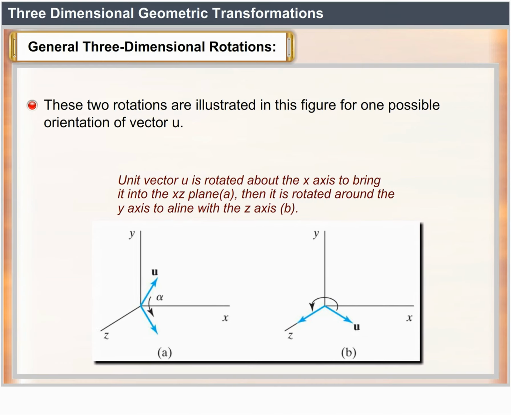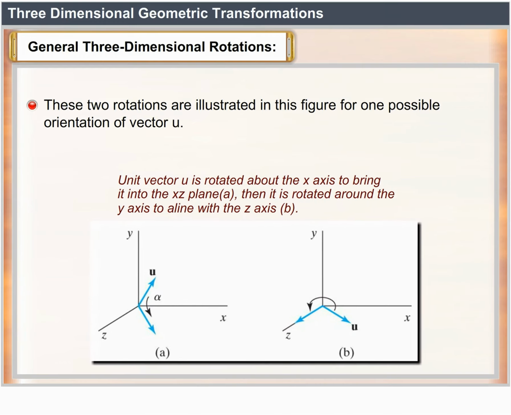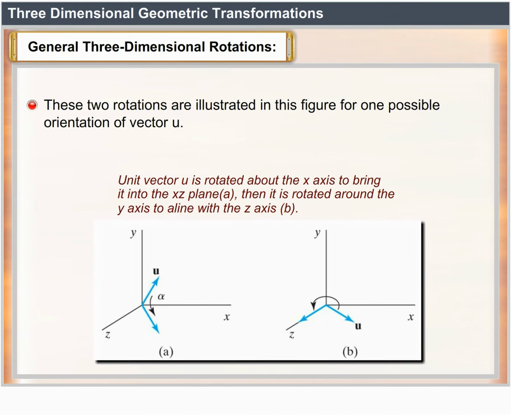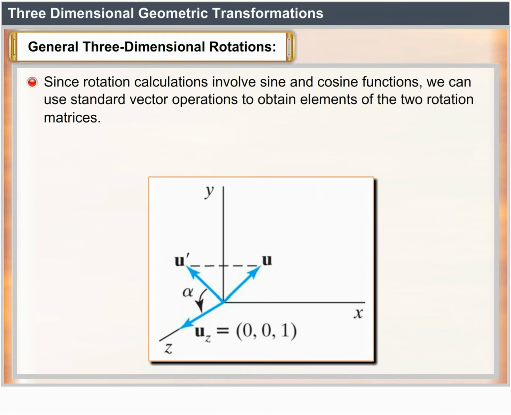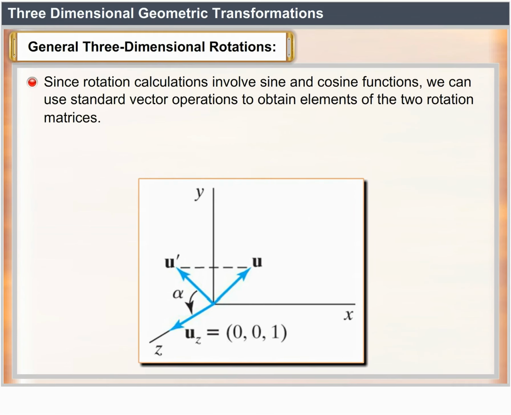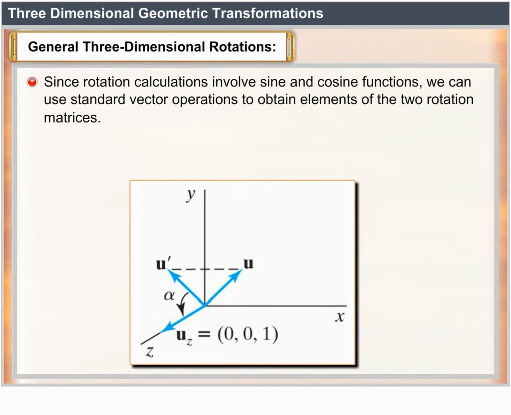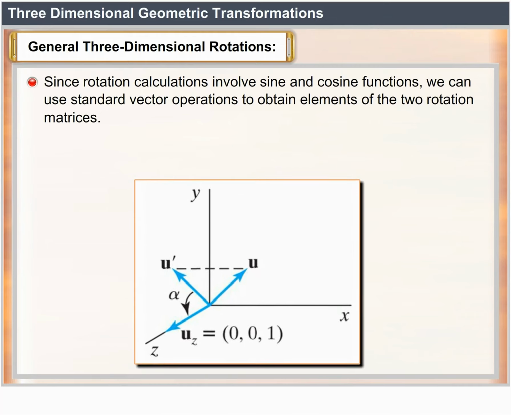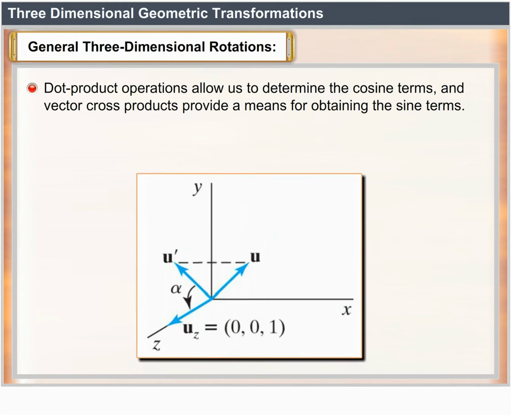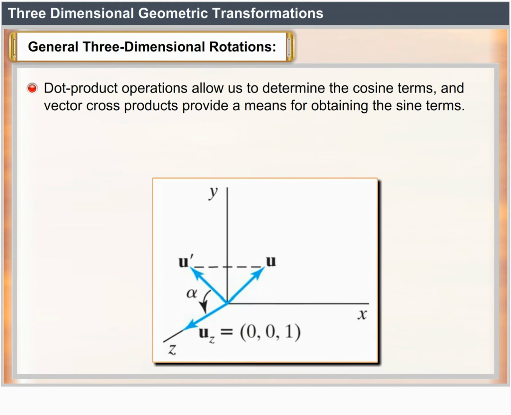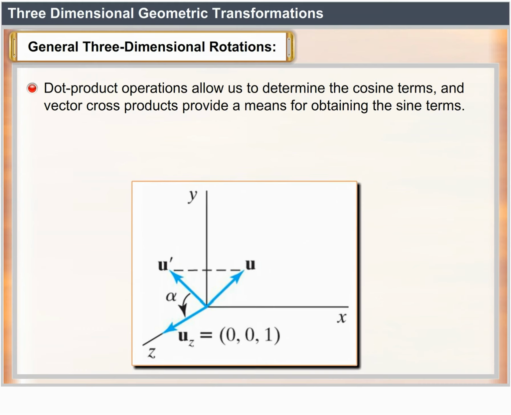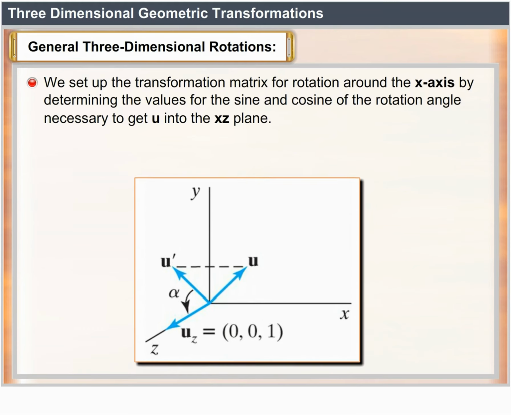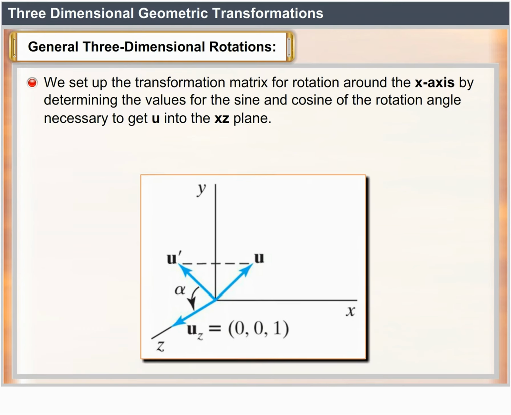Since rotation calculations involve sine and cosine functions, we can use standard vector operations to obtain elements of the two rotation matrices. Dot product operations allow us to determine the cosine terms, and vector cross products provide a means for obtaining the sine terms. We establish the transformation matrix for rotation around the x-axis by determining the values for the sine and cosine of the rotation angle necessary to get u into the xz plane.